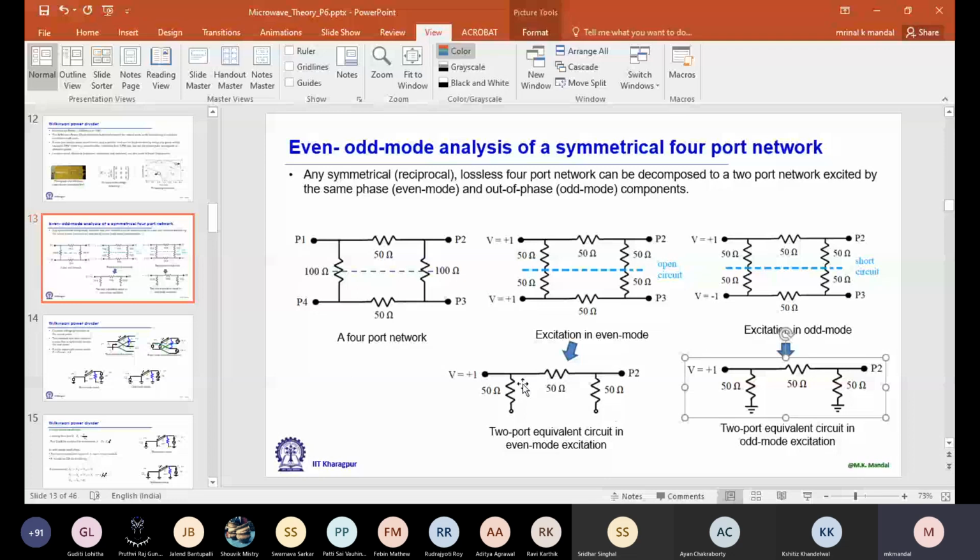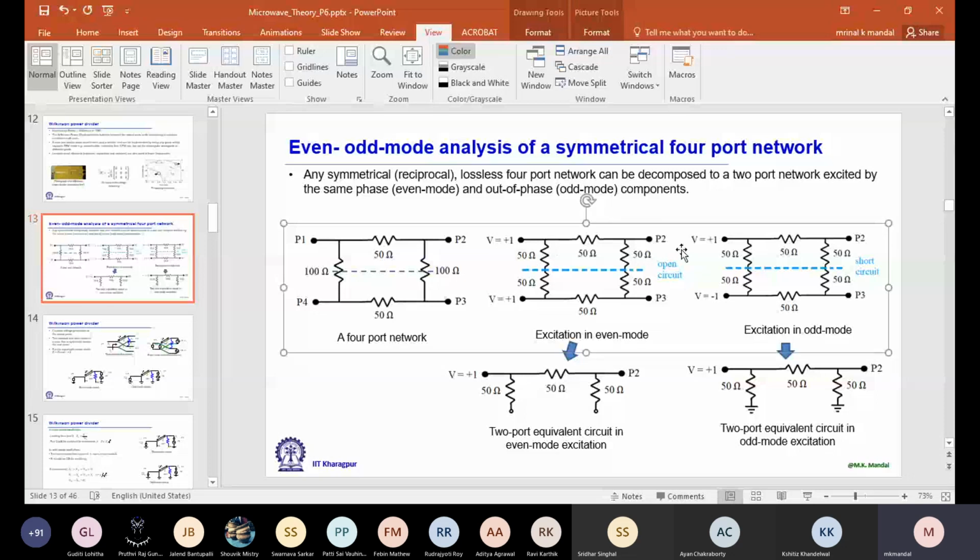Now we solve for the ABCD matrix or directly the S parameters. Once it's done, we go back to the original circuit, and the solution will be given by the addition of both of these two. Why am I saying addition? Consider the first circuit once more. +1 and +1, if I superimpose, becomes 2 volt, and in the bottom one, +1 and -1 cancel out, right?